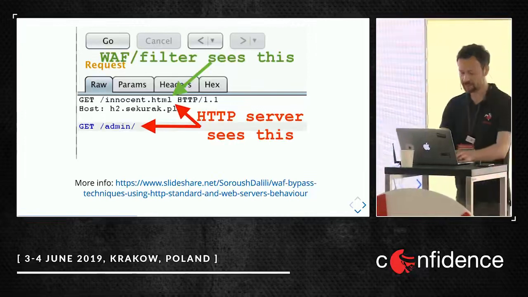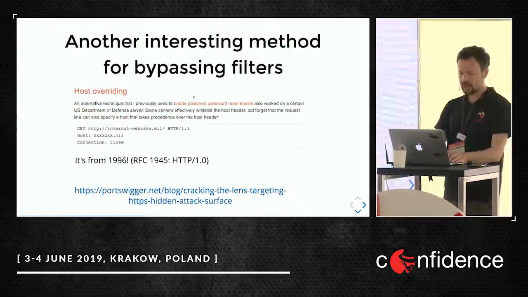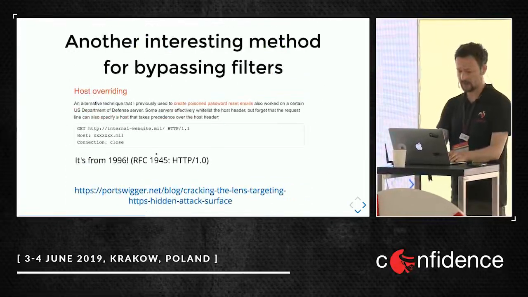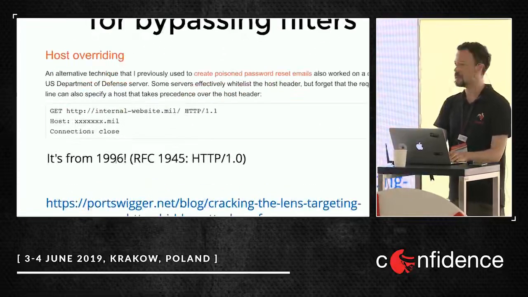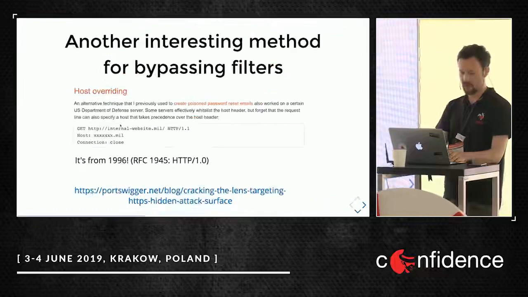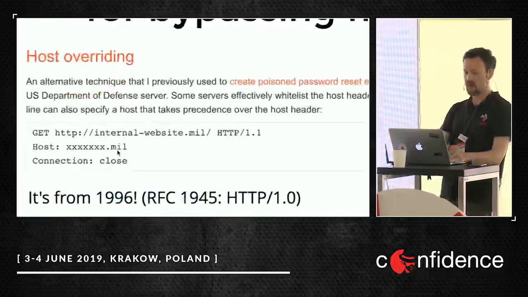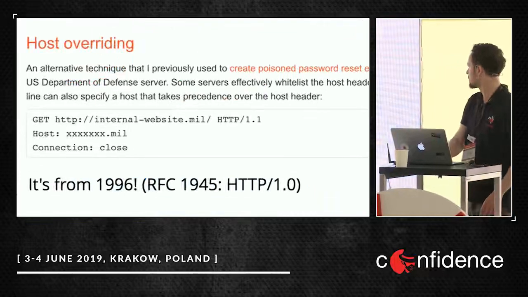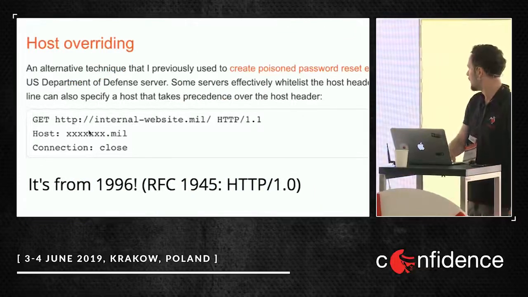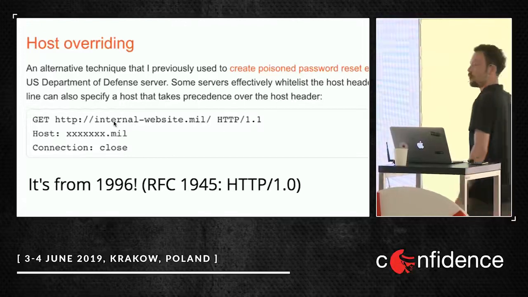Pretty nice trick. Okay, another interesting stuff for bypassing filters, it's something which was defined in 1996, not so new. And let's say we are allowed to connect to this host, this xxxx.mil, and we are not allowed to connect to this internal website.